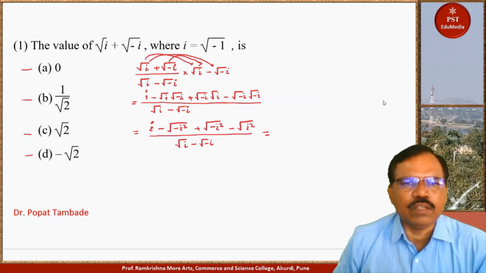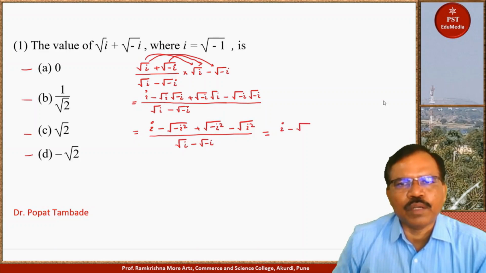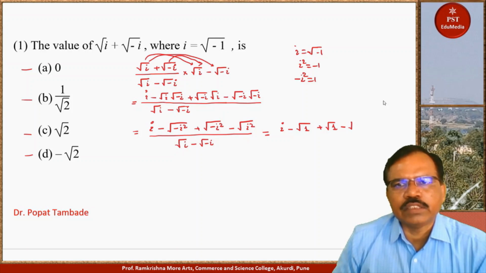Now we know i is root of minus 1. So i square is minus 1. So minus i square is equal to 1. So we'll get here root of 1 plus root of 1 minus i square, that is i. Root of i square is i.